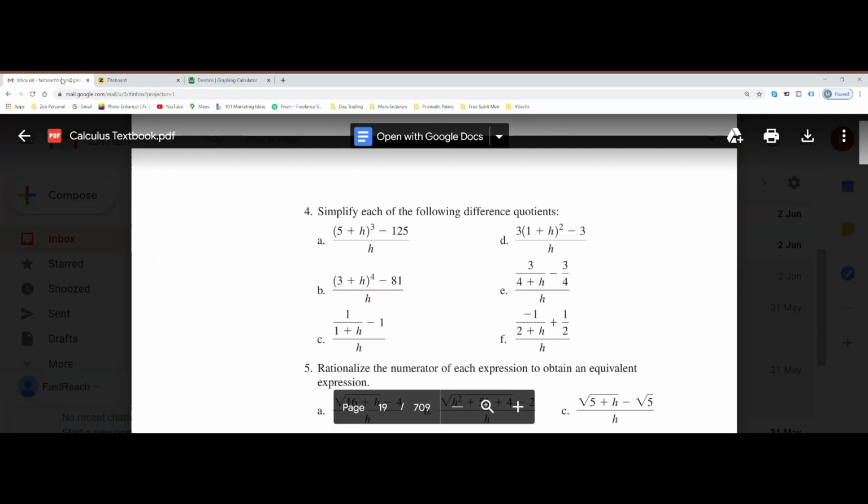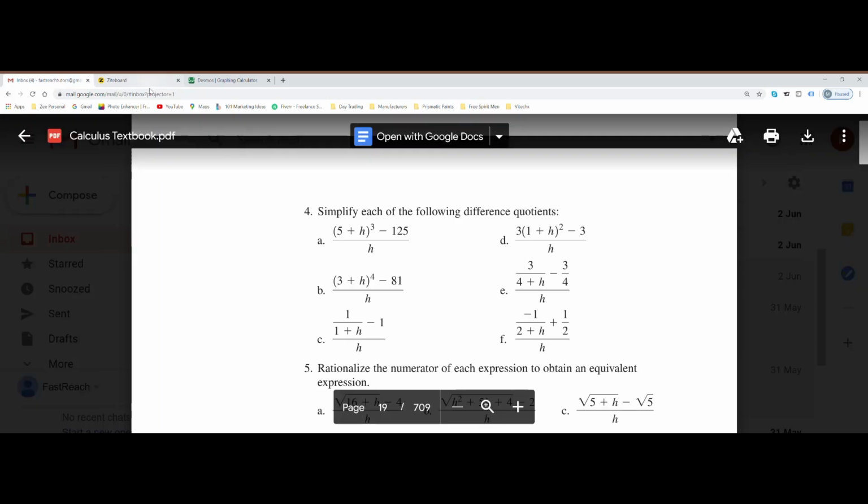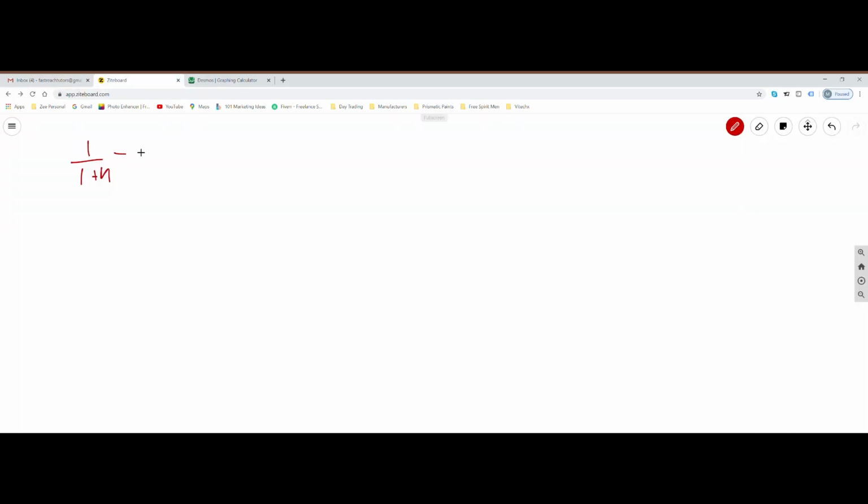Let's see. So 1 over 1 plus h minus 1 over h. Since we have a fraction, we want to also change this number into a fraction. So it would be 1 over 1 plus h.